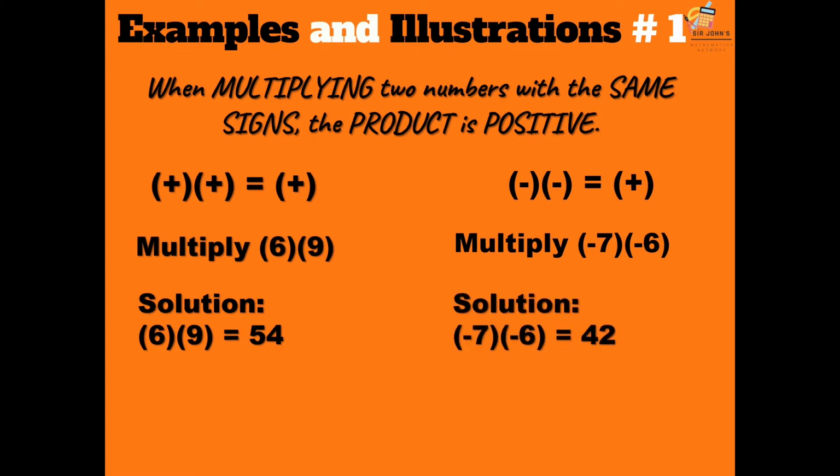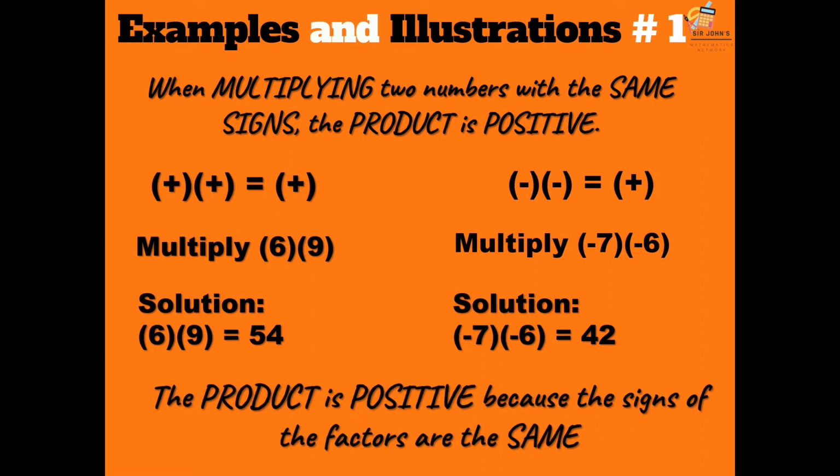So the solution is negative 7 times negative 6 is equal to positive 42 or just 42. Kung mapapansin nyo, parehas positive yung dalawang sagot. The product is positive because the signs of the factors are the same.